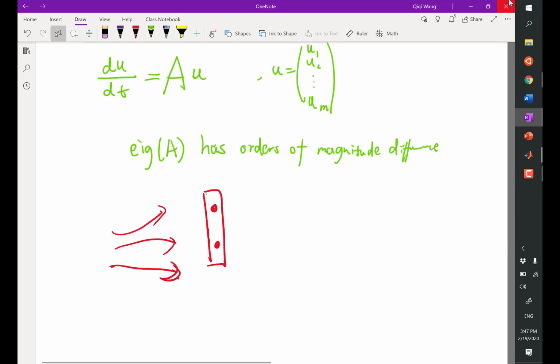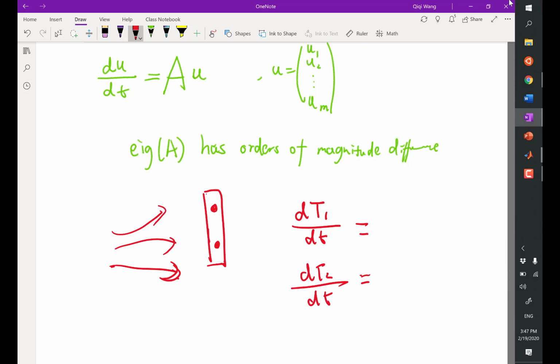And you're solving the equation d temperature 1 dt and d temperature 2 dt is equal to something times T1 and something times T2, right? Okay. What is the result of these coefficients?